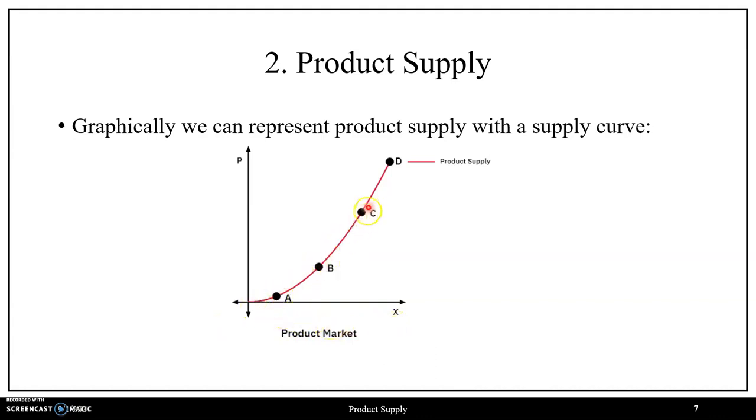This red upward sloping curve represents product supply, where at each point we have a particular quantity supplied and price point at which a firm is willing and able to produce and sell a particular good or service, where we observe from points A to B, B to C, and C to D, as the price of the good increases, the quantity supplied of the good increases as well, which follows the law of supply in that there's a positive relationship between the price of a good and the quantity supplied of a good.